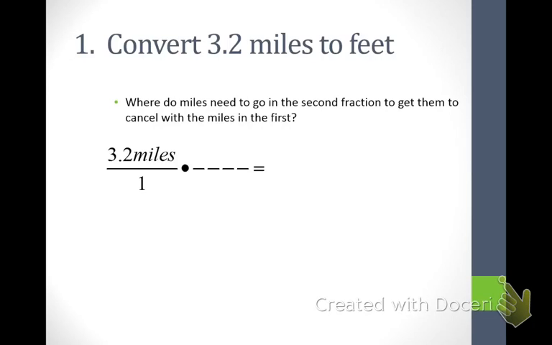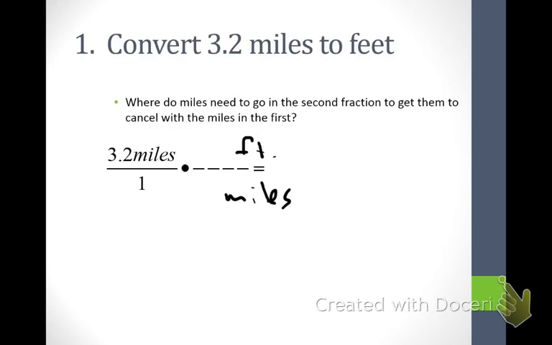The only way that happens is if the miles are in the numerator in the first fraction, then the miles have to be in the, where? Yeah, the denominator in the second fraction. So our ratio needs to have miles in the bottom, in the denominator, so that they'll divide out, which means the only option you have for the feet is to go in the numerator.